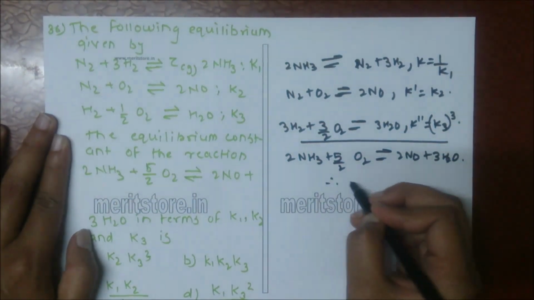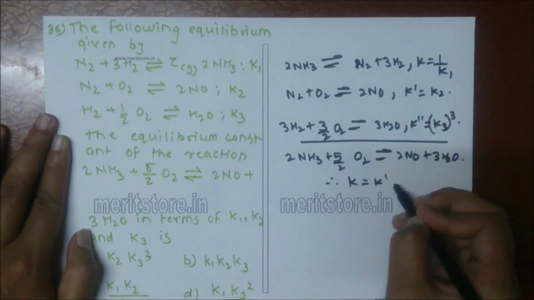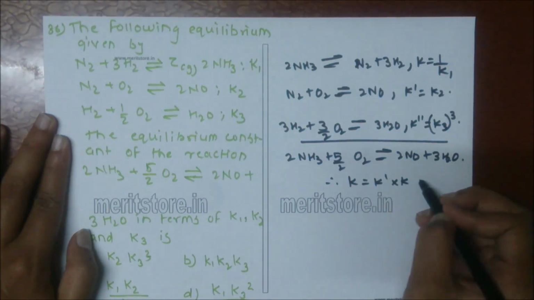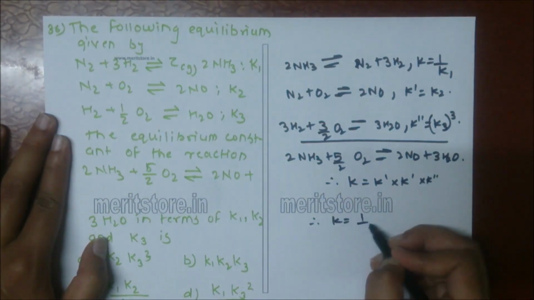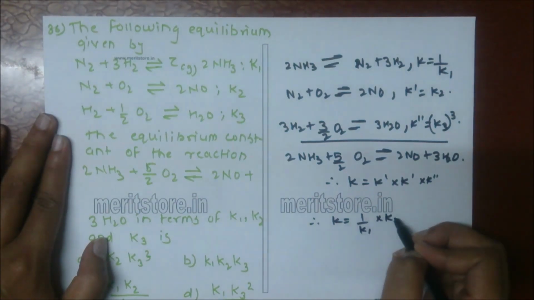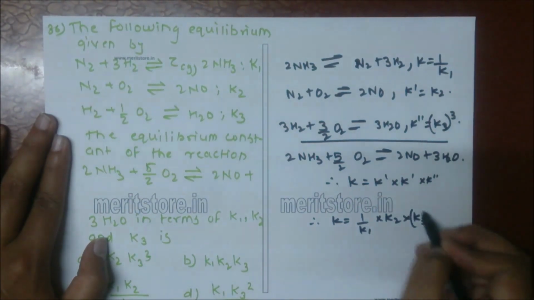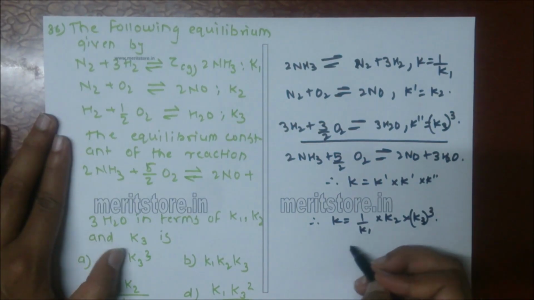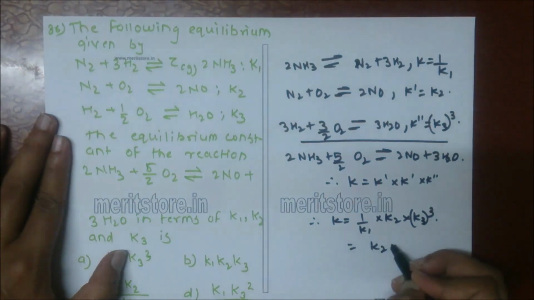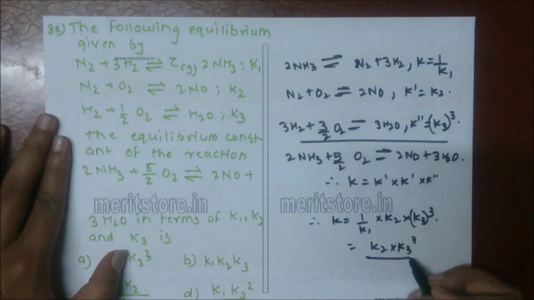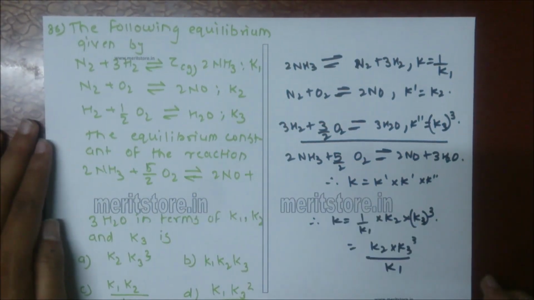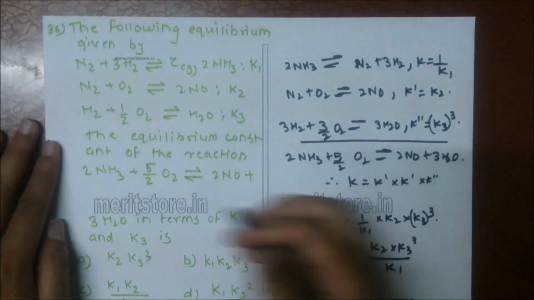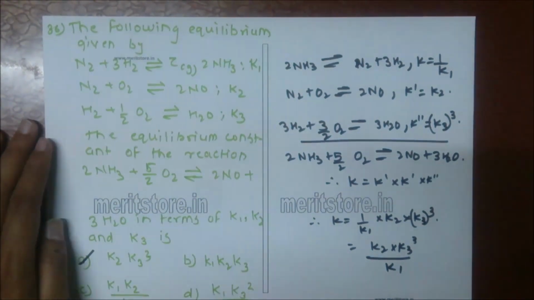Therefore, for the given reaction, K is equal to K dash into K and K double dash. Therefore K is equal to 1 upon K1 into K2 into K3 raised to thrice, which we can write as K2 into K3 cubed divided by K1. So option A is the correct option.